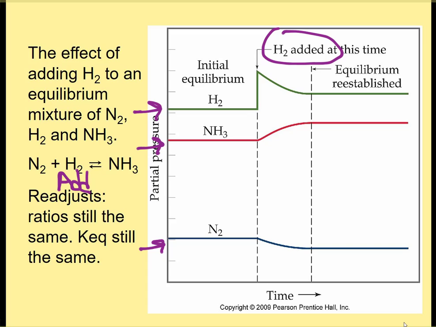So I add it on the reactant side. And so let's look and see what happens. We see that equilibrium is reestablished. And this time we see a shift in more of the ammonia. And we see that we have less of the hydrogen. So this chart is showing LeChatelier's principle.